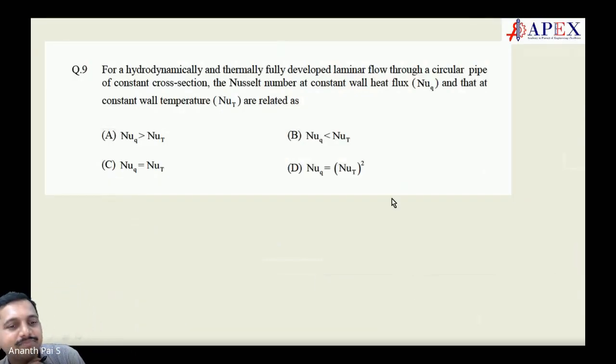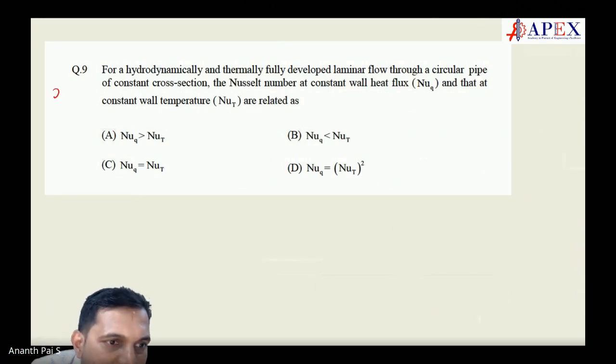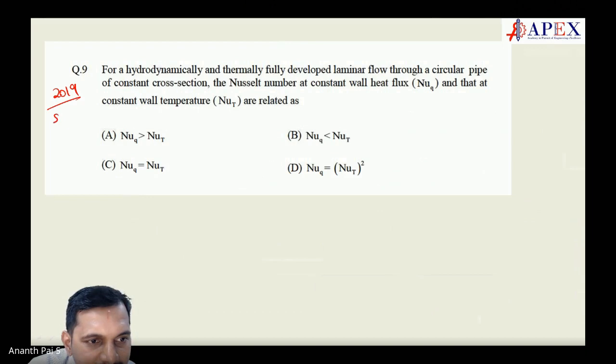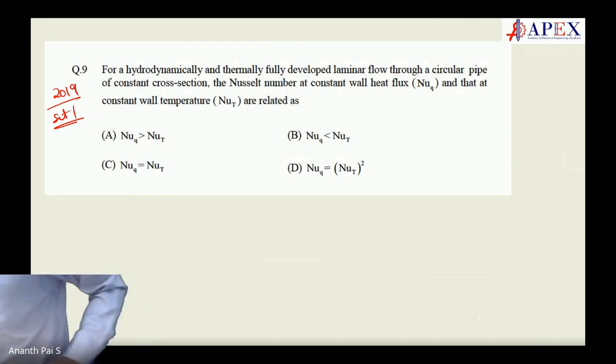Okay. What is the answer? This has come in 2019, set 1.